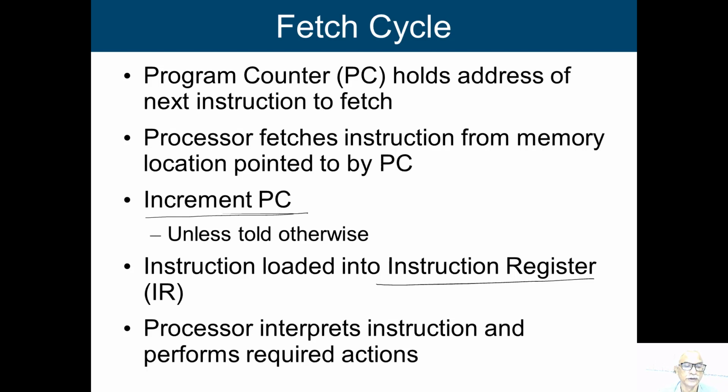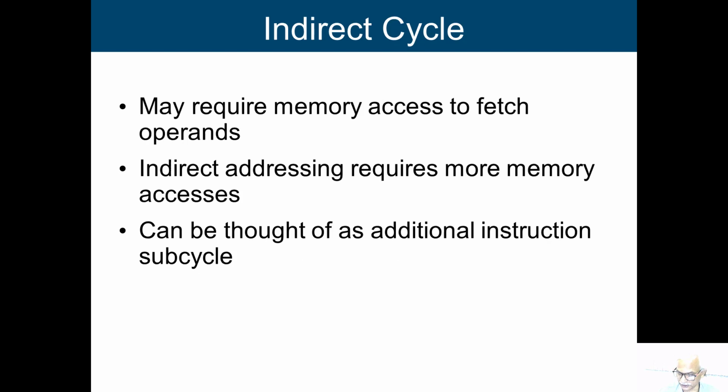So, these are the tasks that we are going to perform in the fetch cycle. Next one is the indirect cycle. Already I said that after getting the instruction, if we know that we have to bring the operand from the main memory, then generally it will go into the indirect cycle. This is the purpose of the cycle. It may require memory access to fetch the operands.